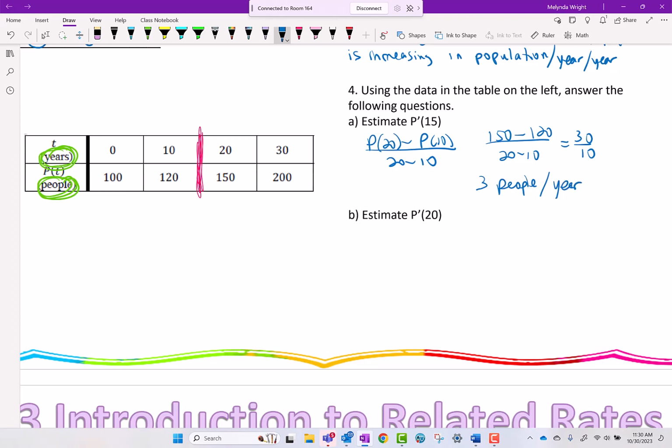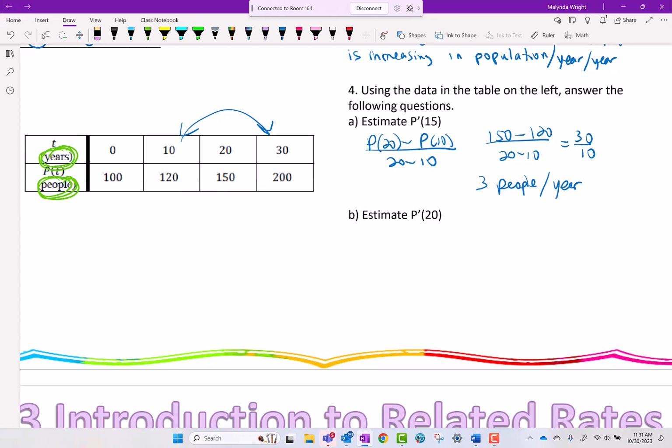Okay. The last one is estimating P prime of 20. What did we do before? Do we recall? My recommendation is to go to either side and do those. They would probably take either this side or this side, but it seems more even to do it on either side.